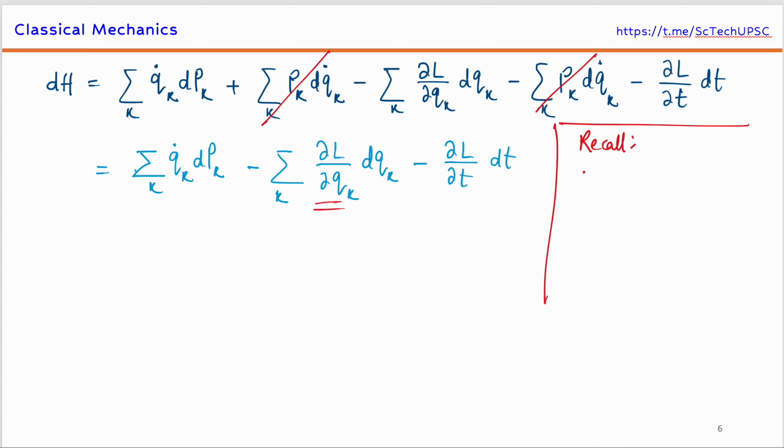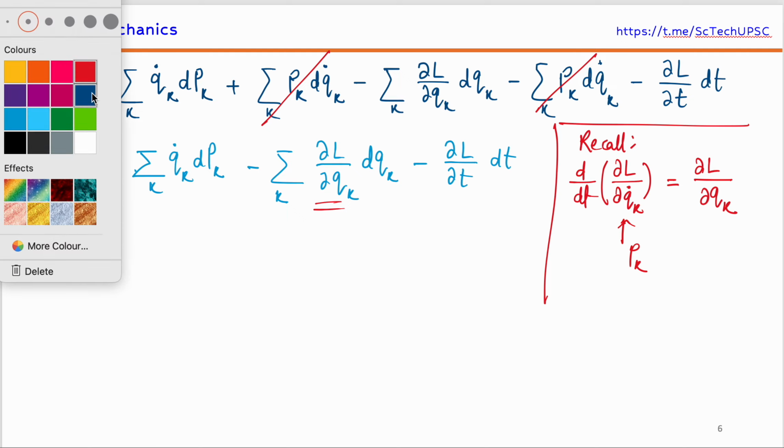Lagrange equation of motion. We know that d by dt of del L by del qk dot is equal to your del L by del qk. Okay, and this here within the bracket is nothing but our momentum pk.